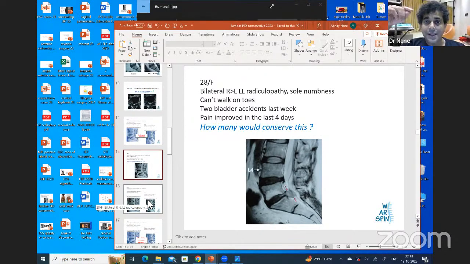So the takeaway is that if you have a huge disc, like the one I've shown you on the MRI on the screen right now, occupying almost the whole canal, and you go in and you don't find it, the next thing you do is make a laminotomy with your finger, feel the cauda equina, the thecal sac, and palpate for something hard inside, and with due precautions open the dura, and there's a very high likelihood you'll find it popping out.